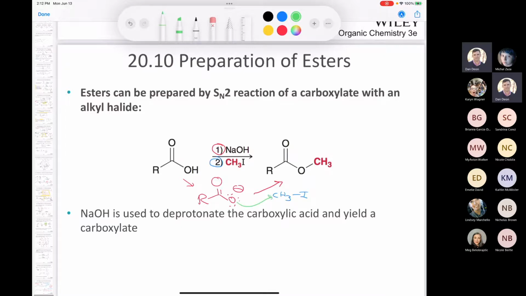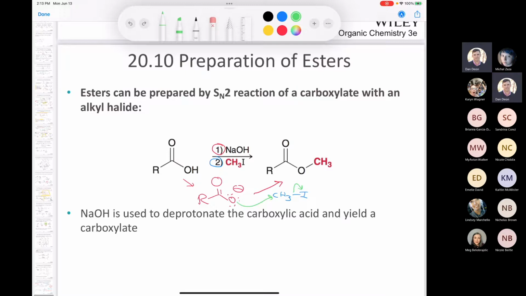So you have your nucleophilic attack followed by loss of leaving group, and that's a way to make an ester. This part reminds me of a Williamson ether synthesis. Obviously, you're not making an ether, you're making an ester, but it's the same kind of rationale. You have an oxygen with a negative charge, and then you have an SN2 reaction. So that's one way of making an ester: take a carboxylate and react it with an alkyl halide.